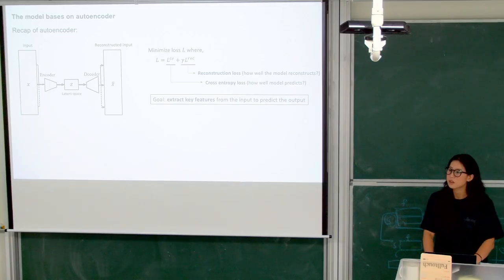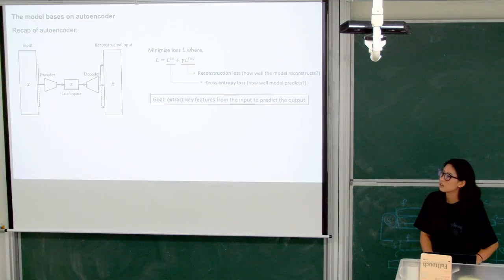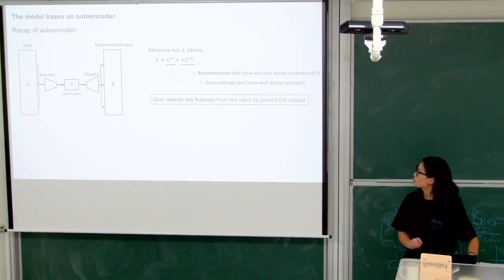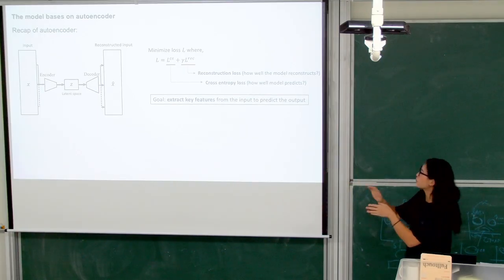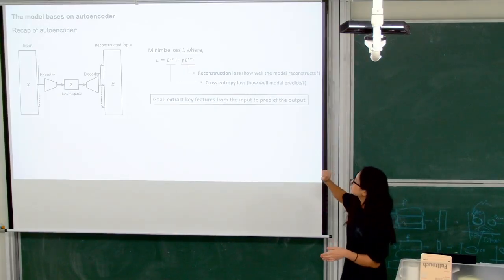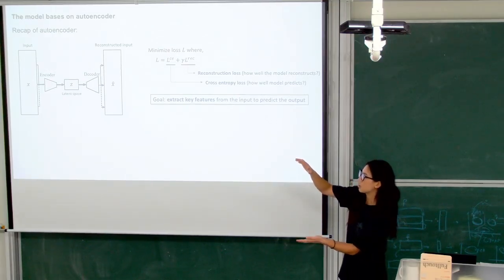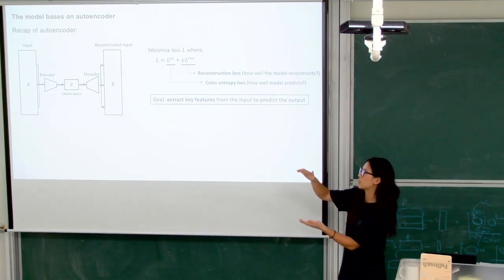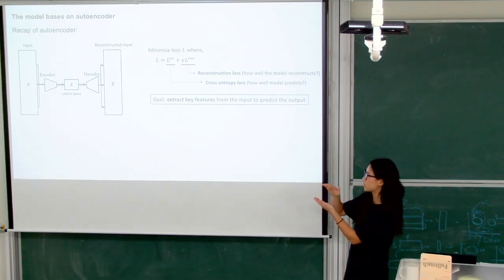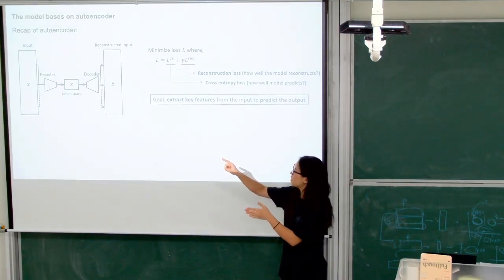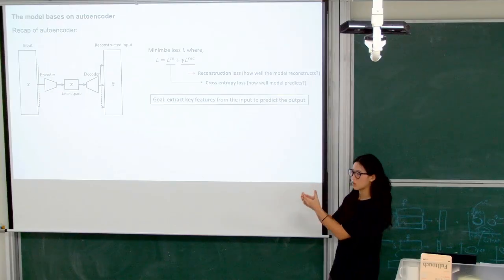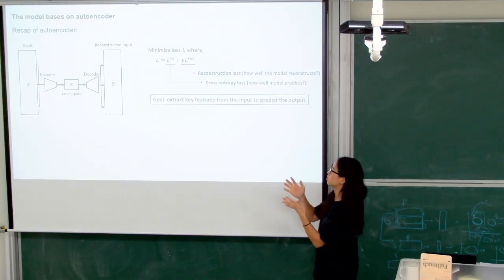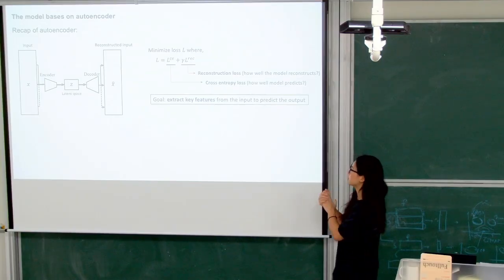So, Myna, can you explain a little bit more? What is the difference between reconstruct and predict? I didn't include a lot of details for the encoder and decoder part, but basically you get an input and then the encoder extracts the features into a low dimensional space, which is the latent space, and that will tell us which features are important and will be able to predict the Y or the output.